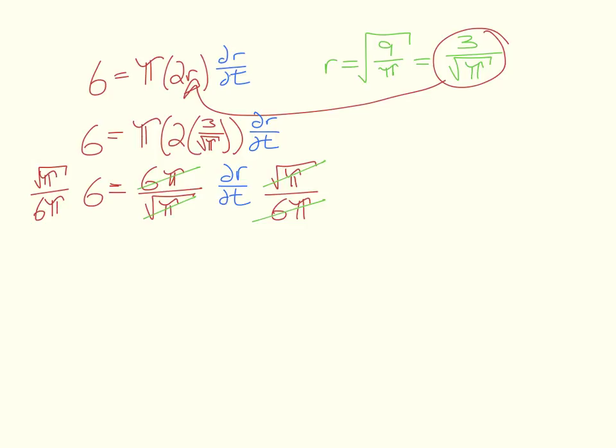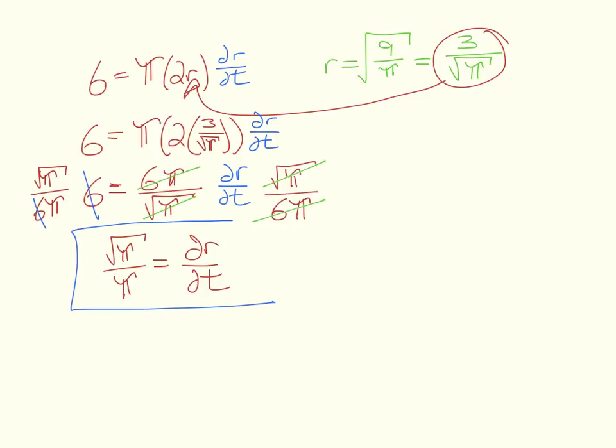And we will also have some cancellation on this left side. The 6's will reduce, and that will leave us with square root of pi over pi equals dr dt.